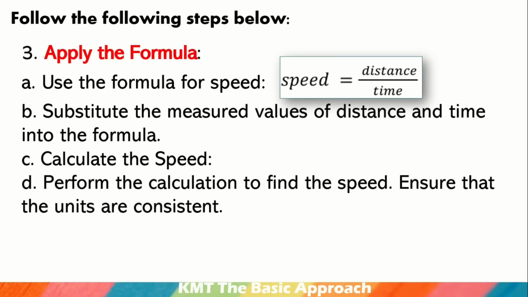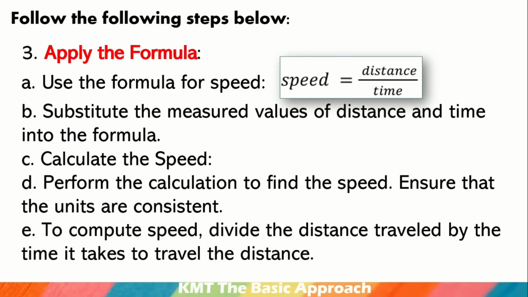Letter D. Perform the calculation to find the speed. Ensure that the units are consistent. Letter E. To compute speed, divide the distance traveled by the time it takes to travel the distance. In symbols, S equals D divided by T.